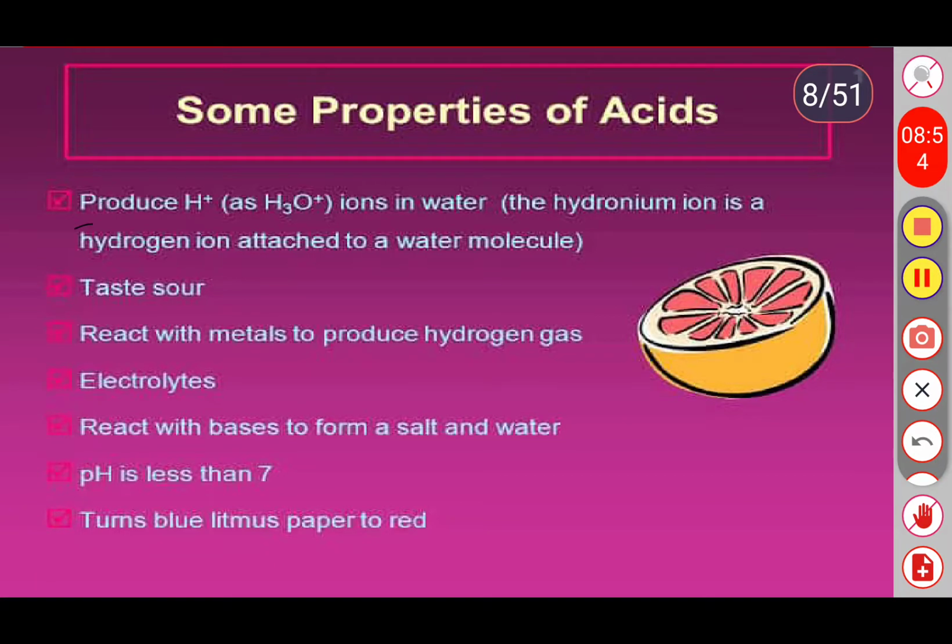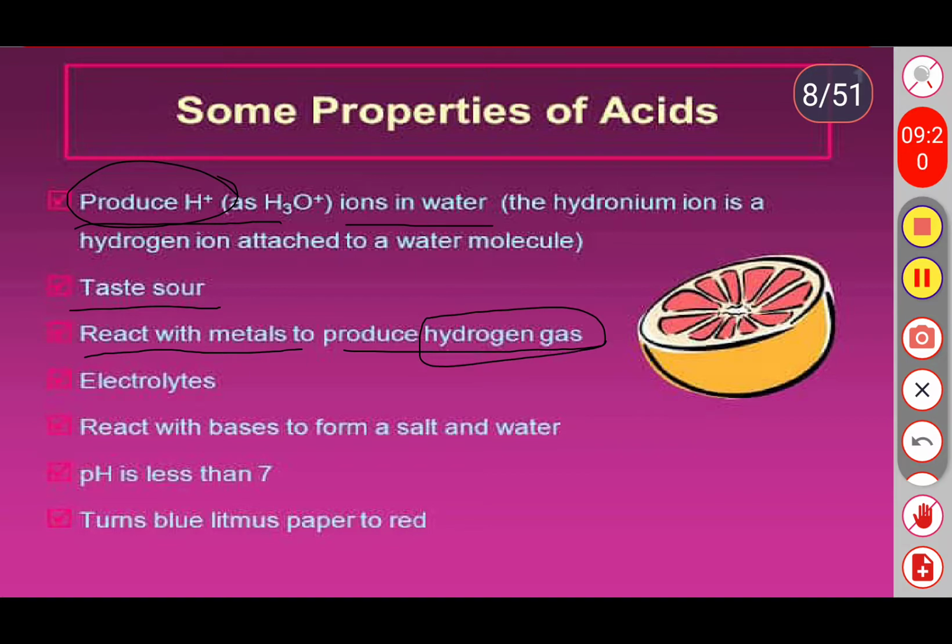First one, as I already told you, when any acidic substance is dissolved in water, it always produces hydrogen ions. Next, they are sour in taste. Third, they react with metals and produce hydrogen gas. This is also important.